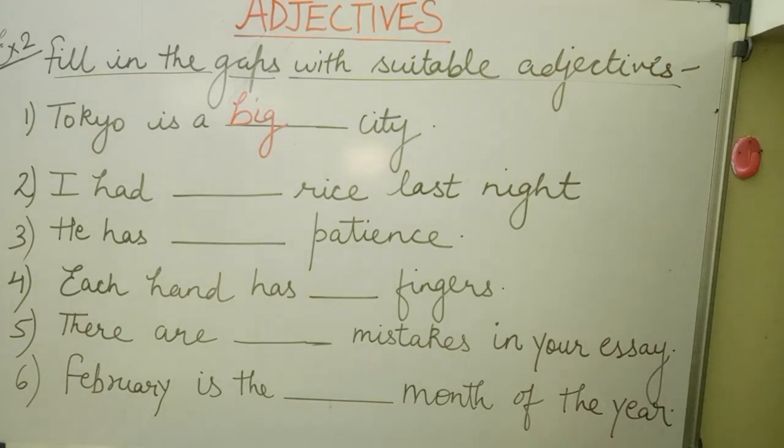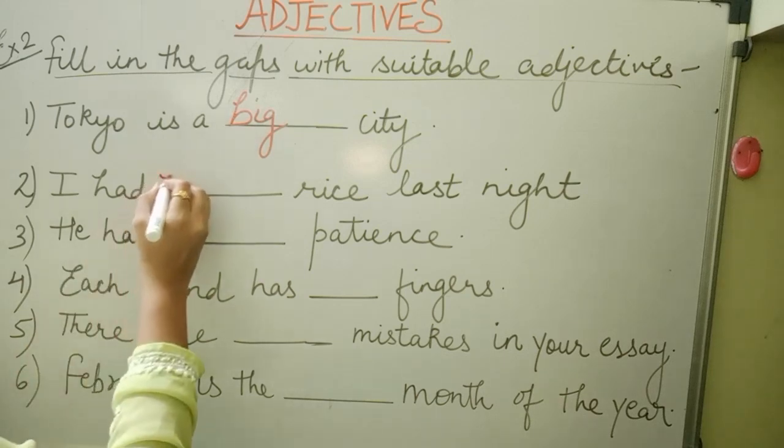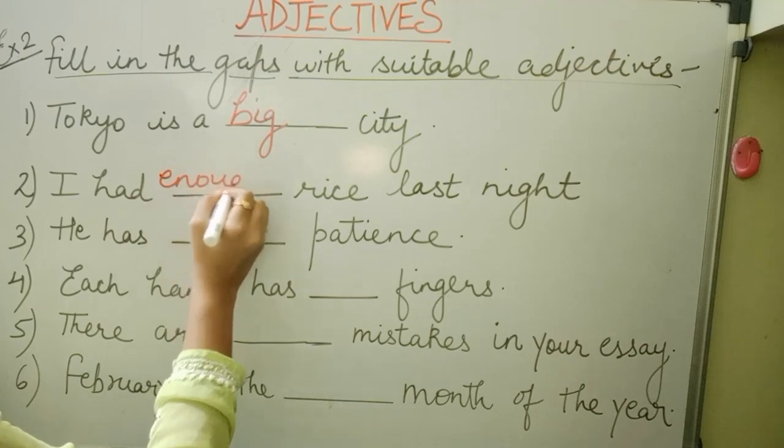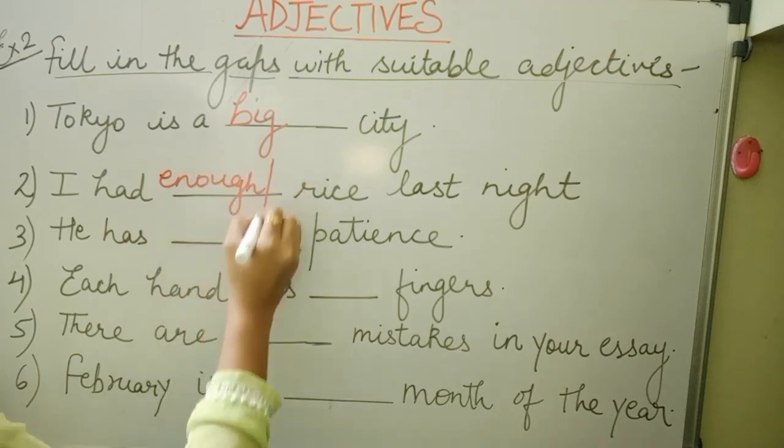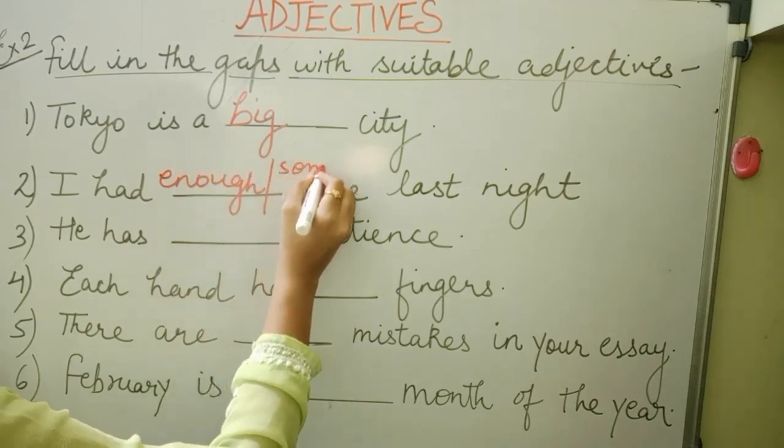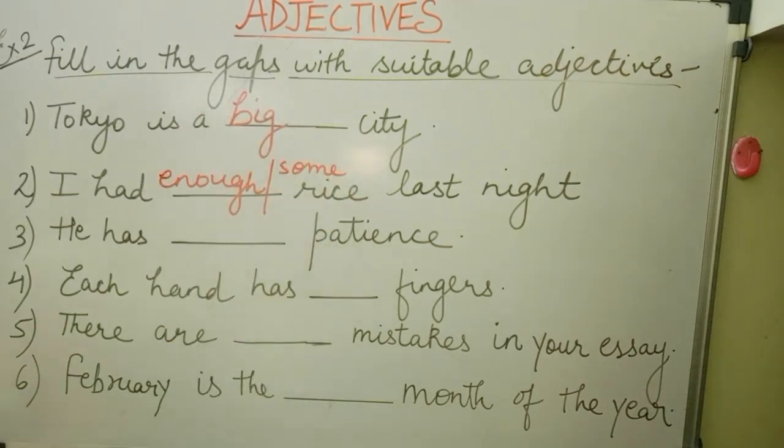Then second sentence says, I had dash rice last night. Last night I ate dash rice. Now you cannot count rice, so we have to use adjective of quantity here. Either you can say I had enough rice last night, or you can also say I had some rice last night, or I had a little rice last night.